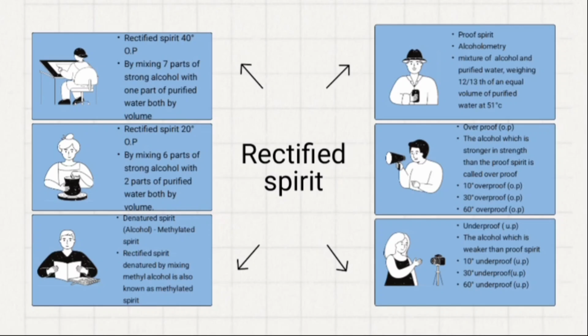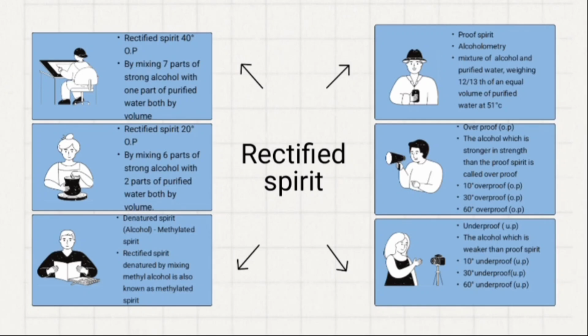10 degrees overproof contains 100 volumes of alcohol and 10 volumes of purified water. 30 degrees overproof contains 100 volumes of alcohol and 30 volumes of purified water. 60 degrees overproof contains 100 volumes of ethyl alcohol and 60 volumes of purified water. Underproof.